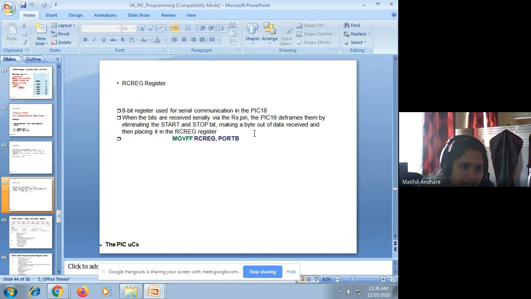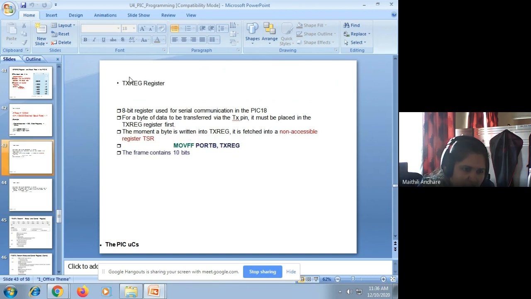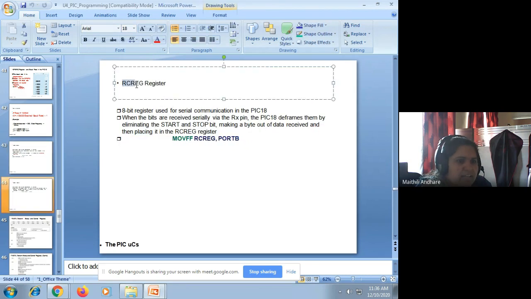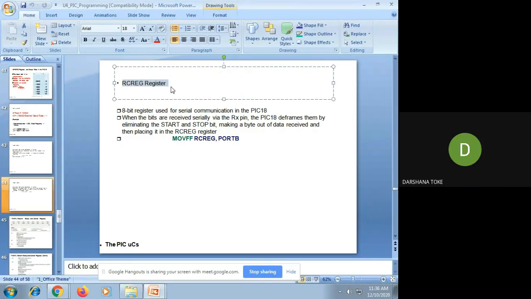But here, for transmission the data is loaded in the TX register, while for reception the data is available in the RCREG register. Are you getting this concept? Two separate registers are available in the PIC microcontroller for transmitting as well as receiving. Yes, ma'am.